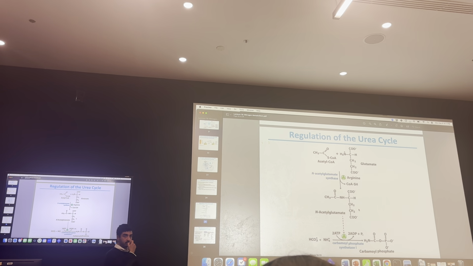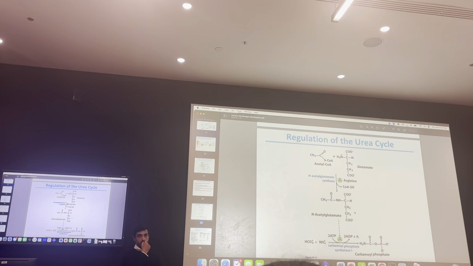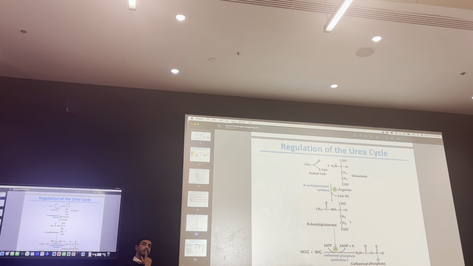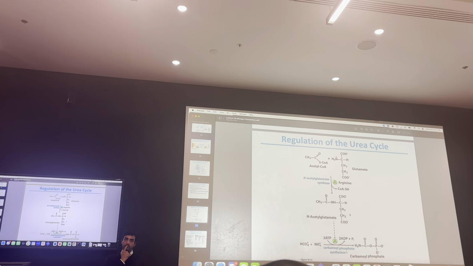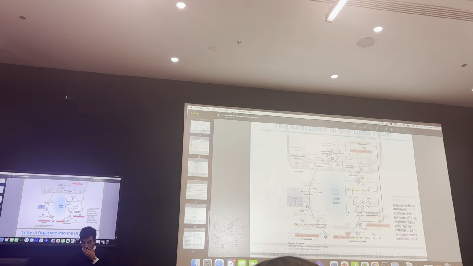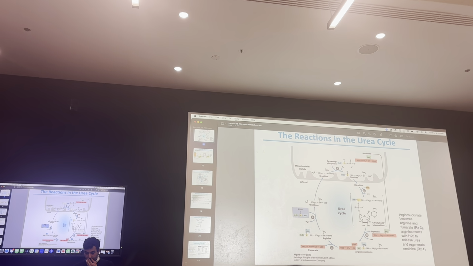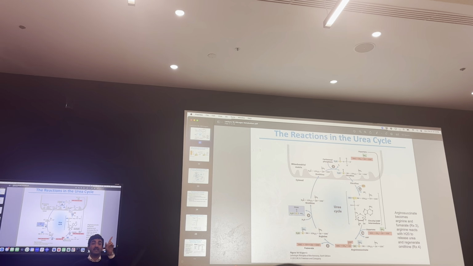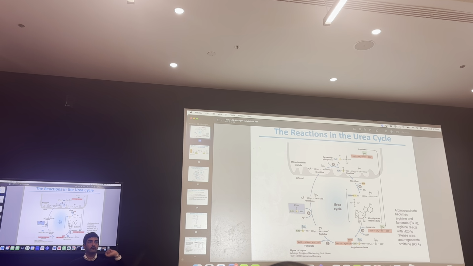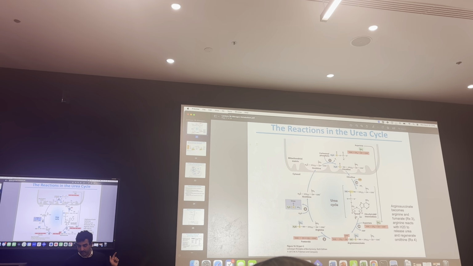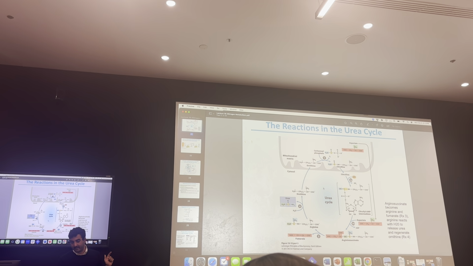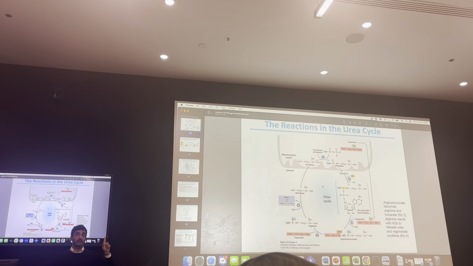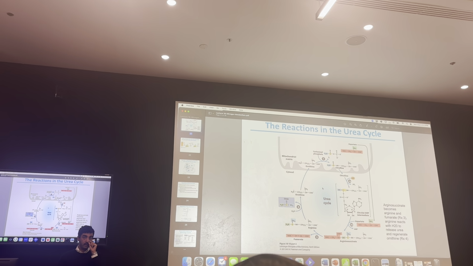My other question is, from carbamyl phosphate, how does it get to urea? From carbamyl phosphate? Yeah. So then it will combine with the ornithine molecule and then citrulline is transported. So that goes directly to step 1 of the urea cycle. That is step 1 of the urea cycle. I think the 1 is just denoting what is on the slides here, but the first step of the urea cycle is the synthesis of carbamyl phosphate.